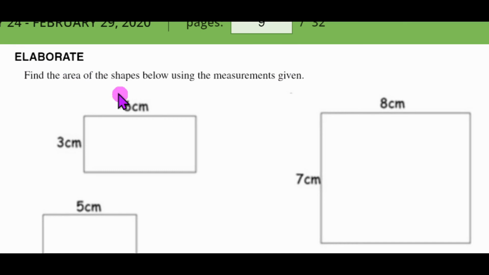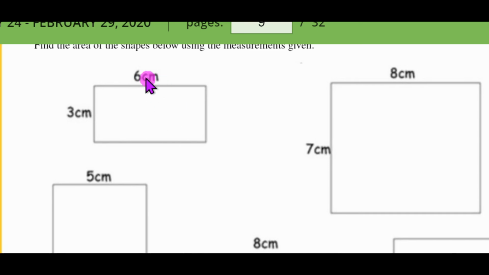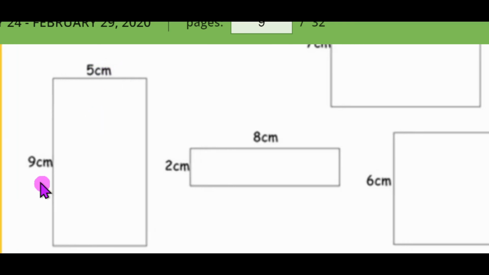Elaborate. Find the area of the shapes below using the measurements given. So for this rectangle, it is 6 times 3. This would be 18 centimeters squared. 5 nines would give us 45 centimeters squared. 8 twos, 16 centimeters squared.